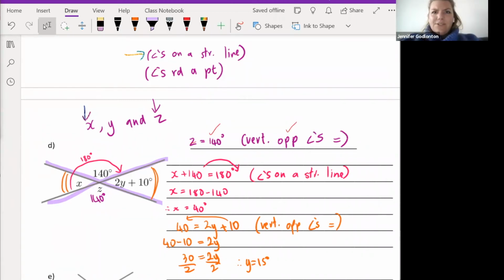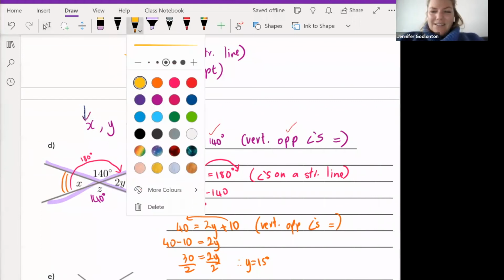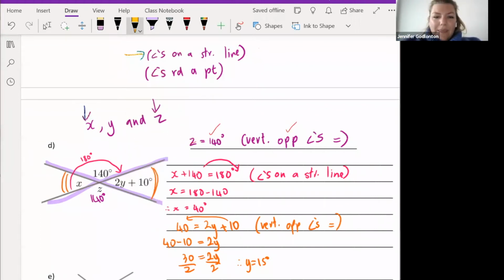You could 100% use that reason. But then I also got the answer 174. Okay, so then I think something just went a bit wrong in the working out. So your line should have been 140 plus 40 plus 140 plus 2y plus 10 needs to equal 360. Does yours look like that?